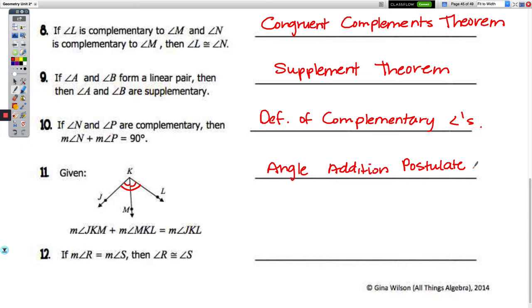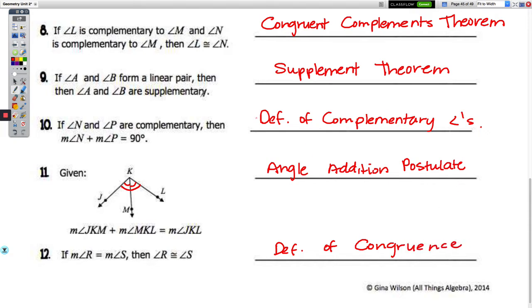And if the measure of angle R is equal to the measure of angle S, then angle R is congruent to angle S. Definition of congruence. Always, if you're going from measures being equal to the angles or the segments being congruent, it is the definition of congruence.